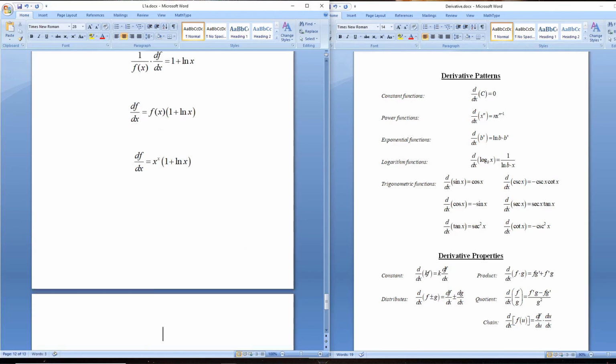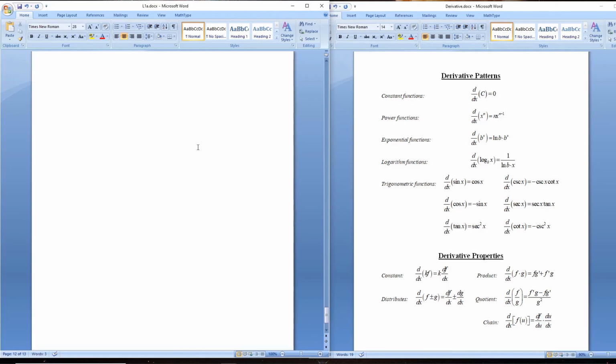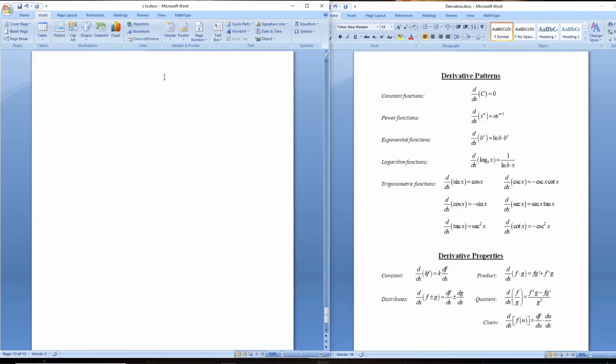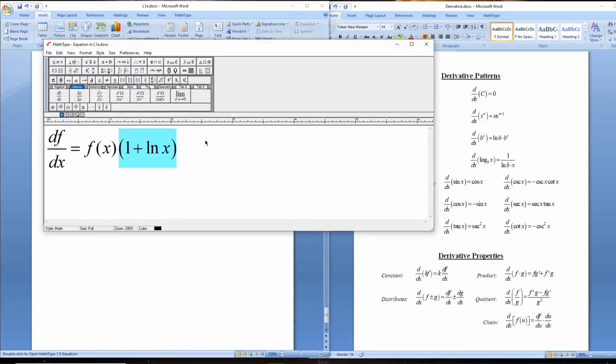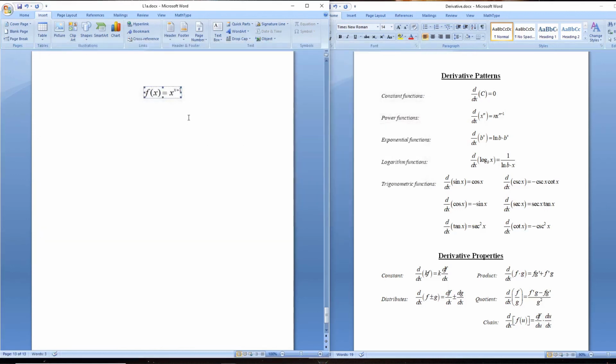Let me do one more of those from what we did in the last class there. What was another one we did? How about x raised to the x plus 1? Let's do this one with what we've learned today. So how would we do this?